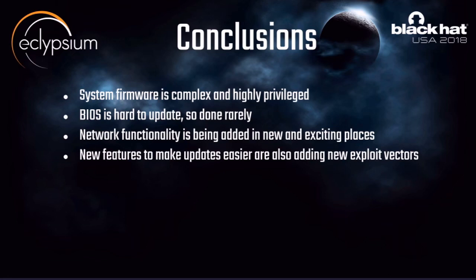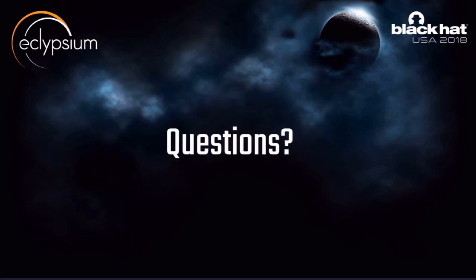But this remote attack surface keeps showing up in new places that didn't have a network remote attack surface before. Part of that is just because of trying to fix the problem of doing system updates in the first place. People are adding new exploit vectors and new vulnerabilities to the system that didn't exist in the first place. So I think we've reached our end of time.